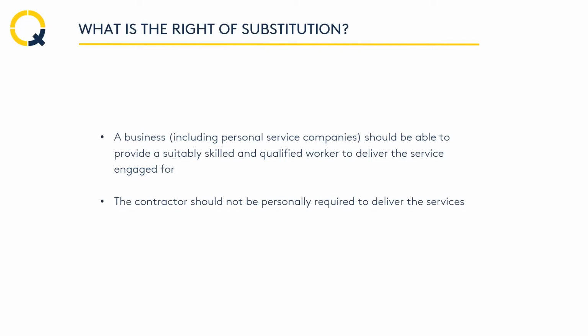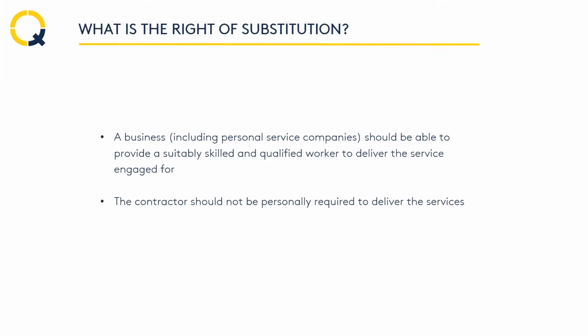If the client asks for a certain contractor personally to provide the services and will not accept the services to be delivered by another qualified individual, then this essentially would diminish the purpose of the client engaging a limited company from the start. And what HMRC would argue, if they had carried out an investigation, is because the client has asked for that worker personally, their personal service is required, and therefore they would not have a genuine right to substitute a worker in their place.